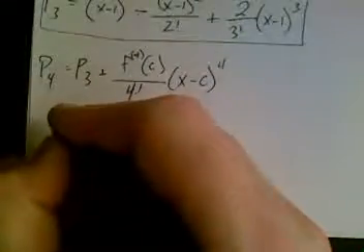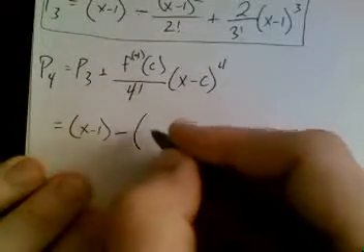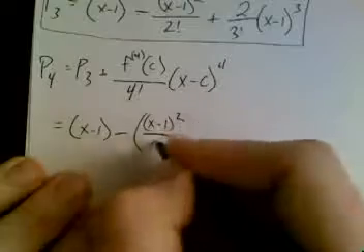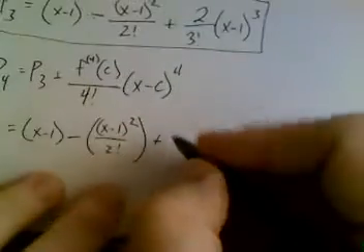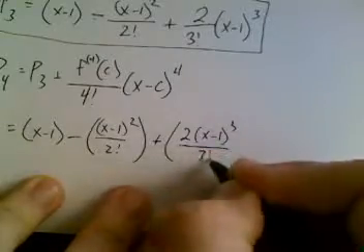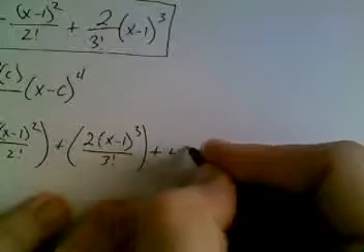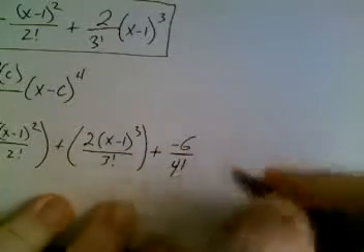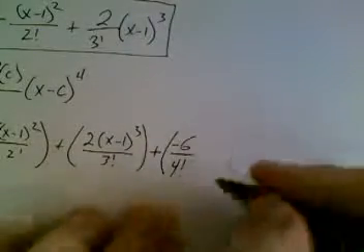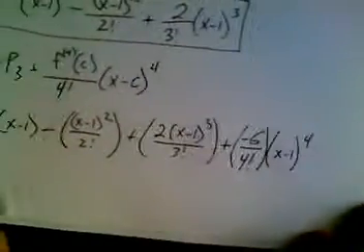So I'm going to have x minus 1 minus x minus 1 to the power of 2 divided by 2 factorial plus 2 times x minus 1 to the power of 3 divided by 3 factorial plus negative 6 divided by 4 factorial times x minus 1 to the power of 4.